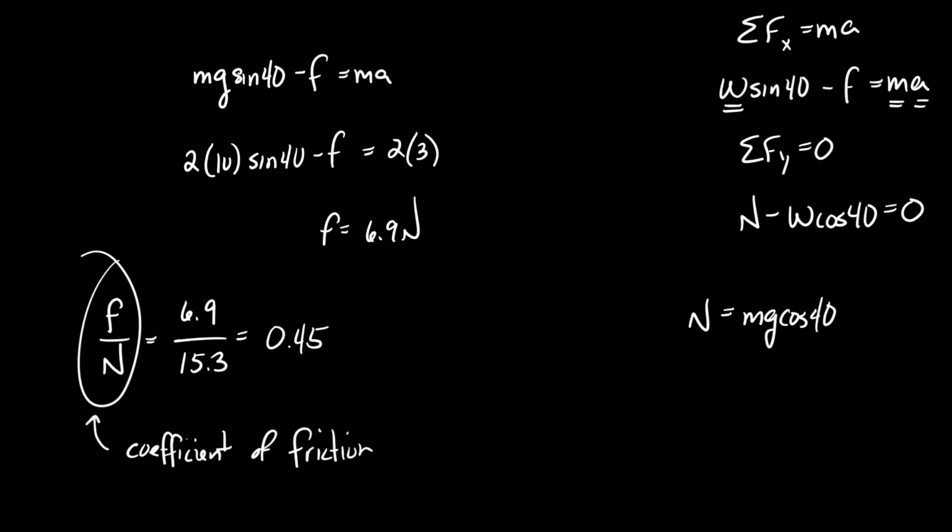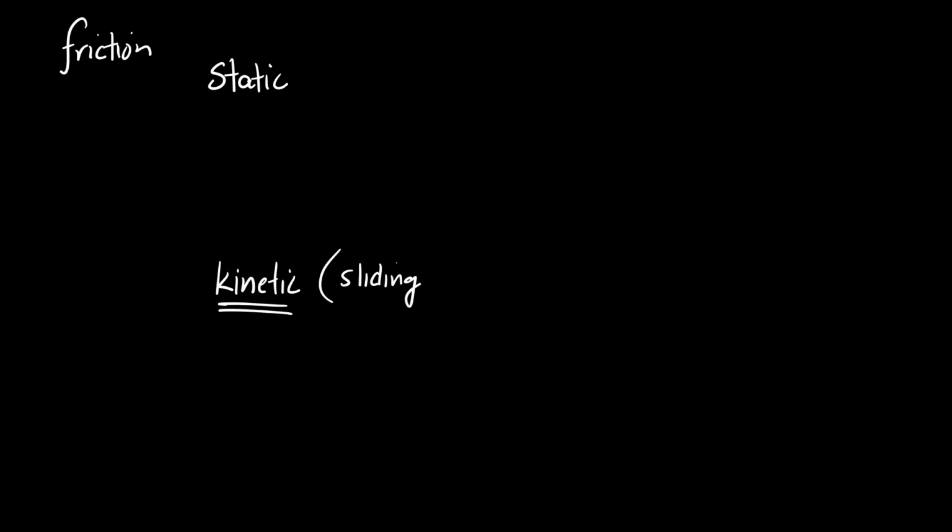Now, friction, we know that there are two types. There's static and there's kinetic. The problem we just did was about kinetic friction. Kinetic friction is also called sliding friction. It has to do with surfaces where one surface is moving with respect to the other.